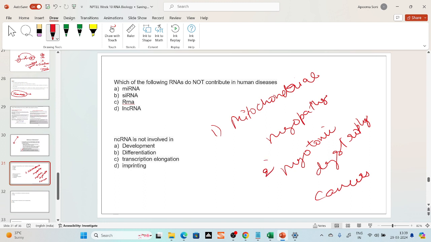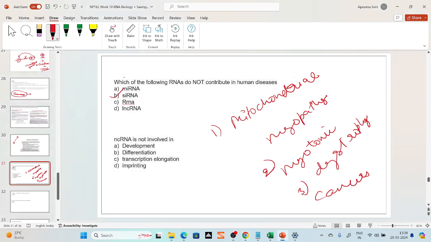These are just a few examples. These are actually well-known diseases which are caused because of rRNA. For miRNA and lncRNA, we have already studied a lot of them. But for siRNA, not much is known. So here the answer is siRNA and not rRNA.